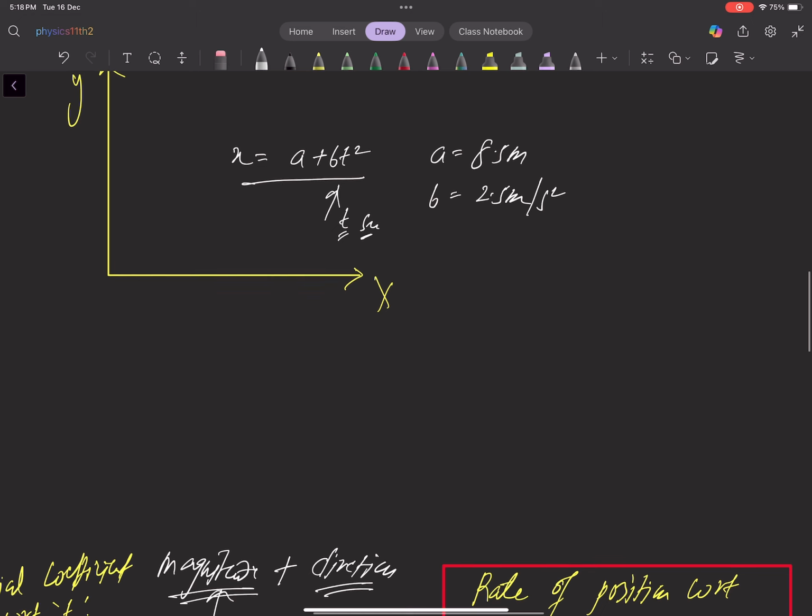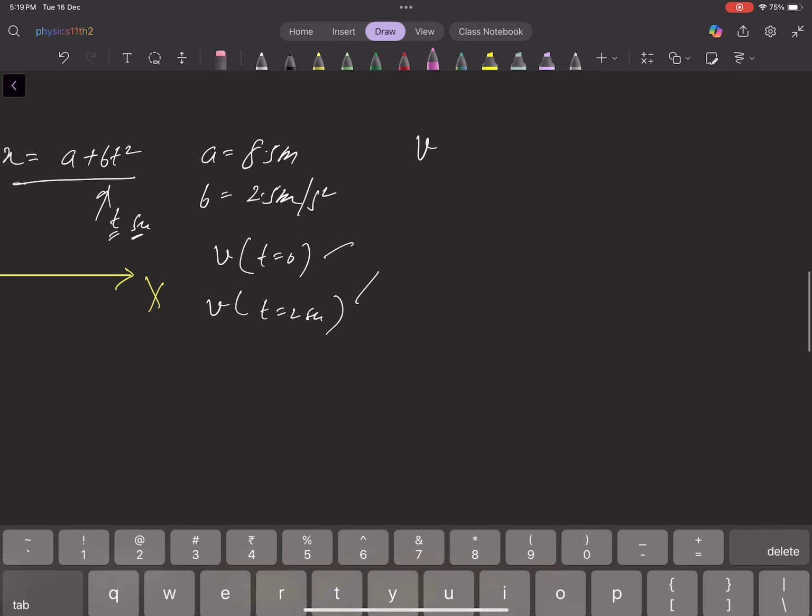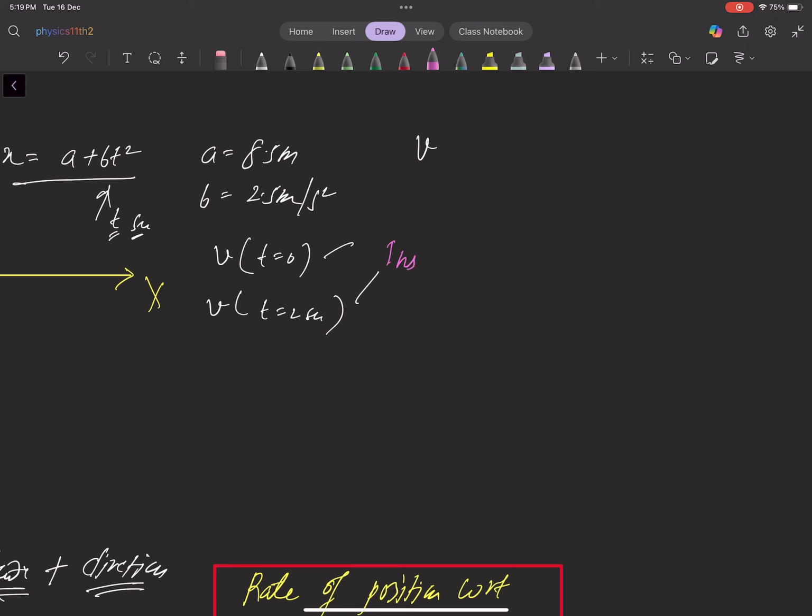We have to find the velocity at t equals 0 and the velocity at t equals 2 seconds. So how can we find it? Velocity at t equals 0 and t equals 2 means we have to find the instantaneous velocity.